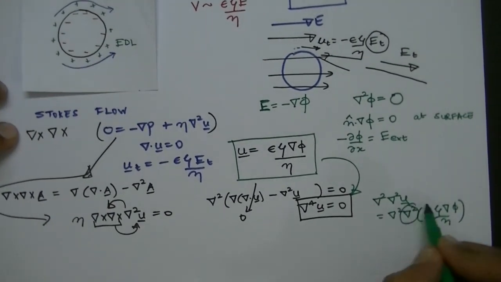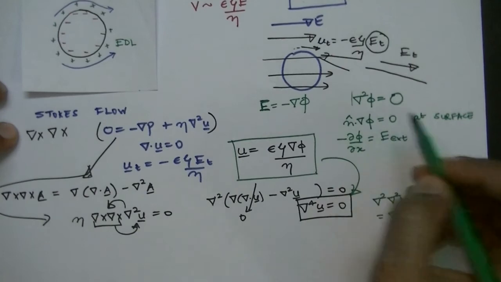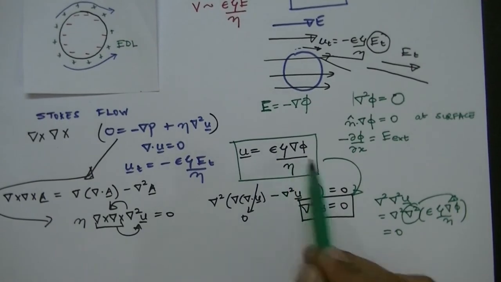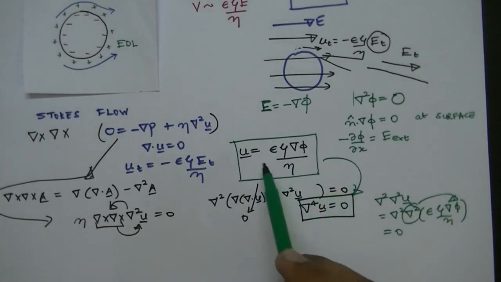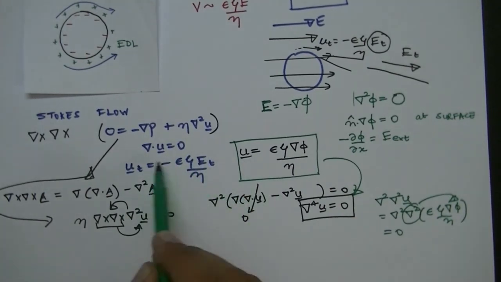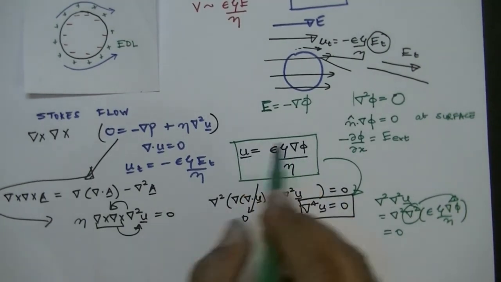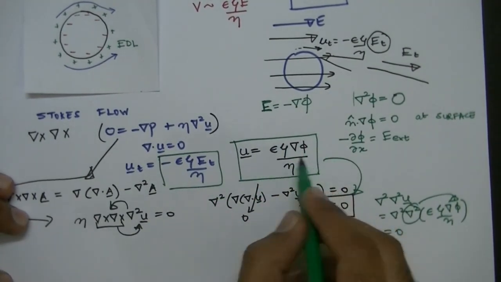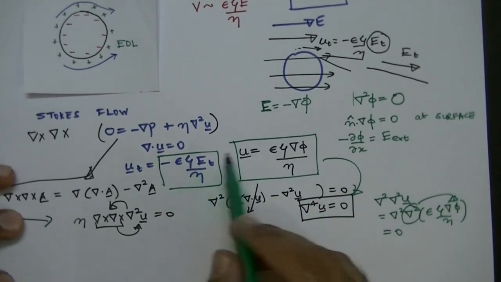If we take this Laplacian inside, and we know that Laplacian of phi is 0, so this is again 0. So this form of the solution certainly satisfies Stokes flow equations. All we need to see is whether it indeed satisfies the boundary condition. If you look at the tangential component of the velocity, it is certainly given by this term over here if we have a solution of this form. Therefore this form of solution satisfies the equation and satisfies the boundary condition.